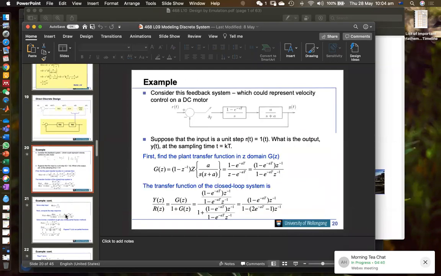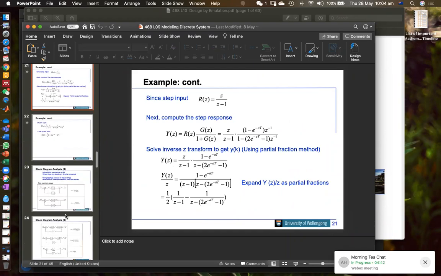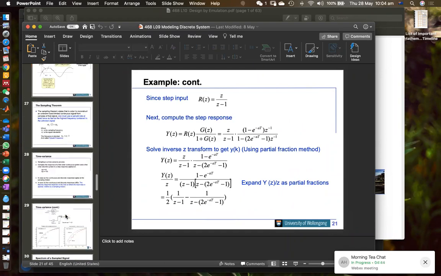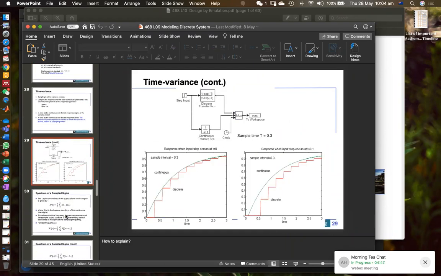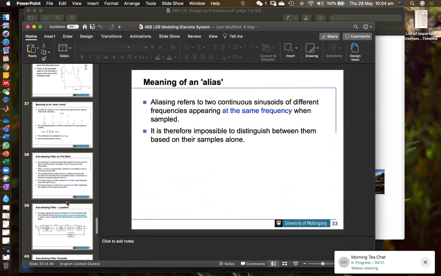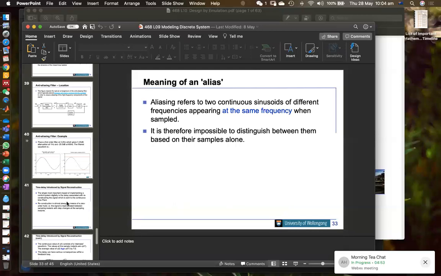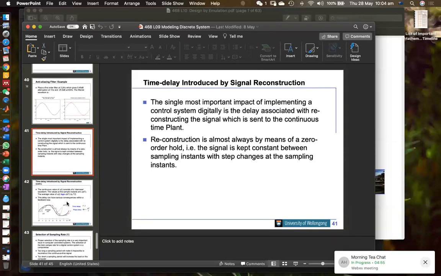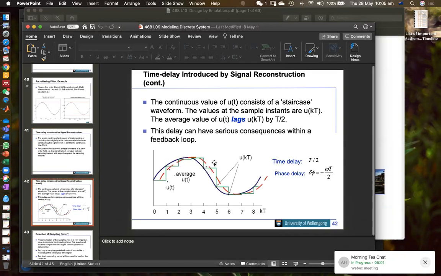Let me try to find it. It's from here: time delay introduced by signal reconstruction. So this is where this zero order hold is. Okay, so exactly this slide 42 in week 9.